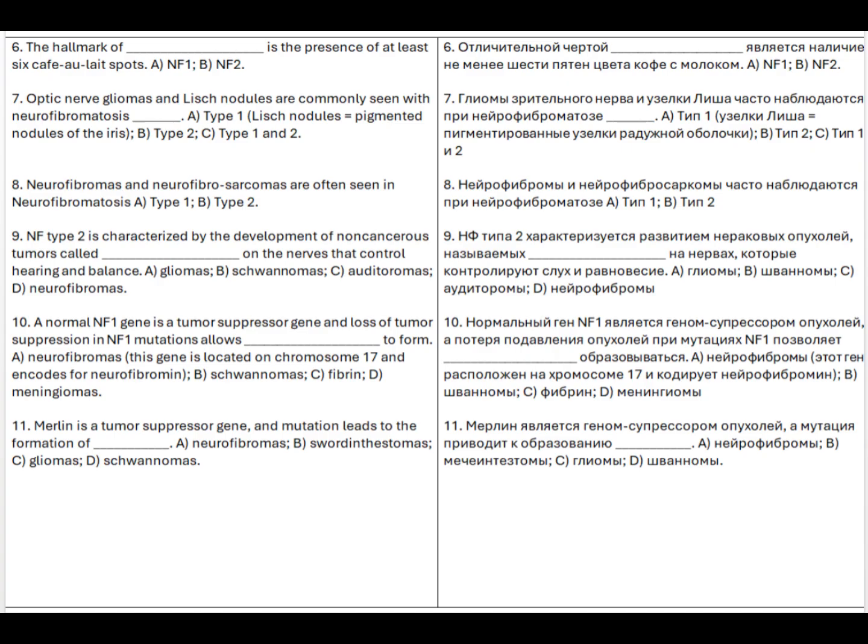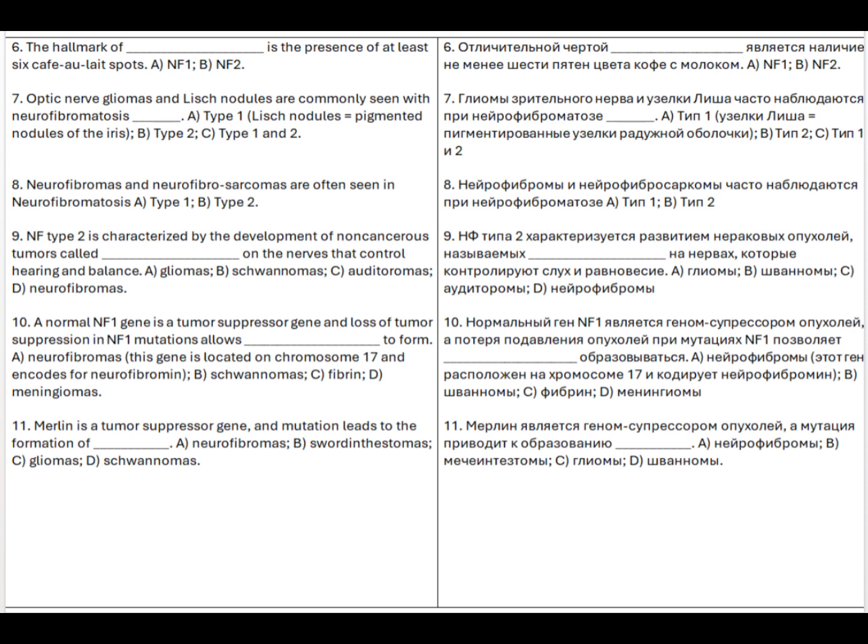A normal NF1 gene is a tumor suppressor gene, and loss of tumor suppression in NF1 mutations allows to form. A. Neurofibromas. This gene is located on chromosome 17 and encodes for neurofibromin. B. Schwannomas C. Fibrin D. Meningiomas.